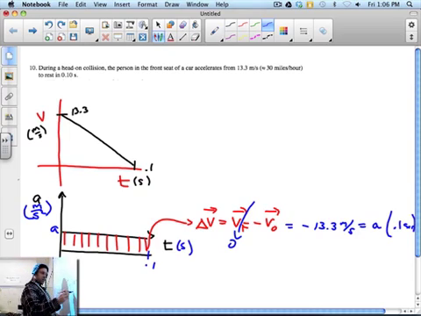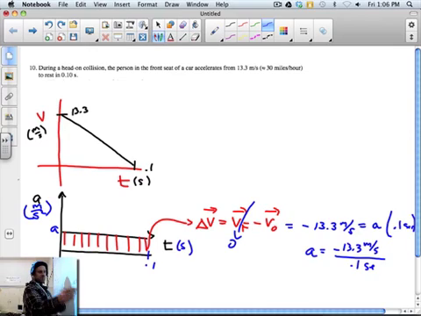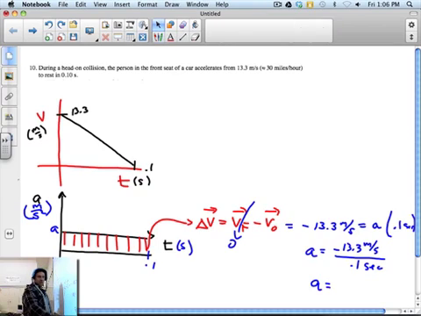Okay, so our acceleration is going to be negative 13.3 meters per second per 0.1 seconds.